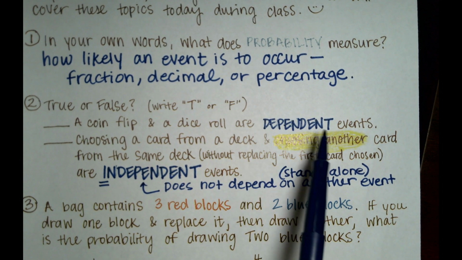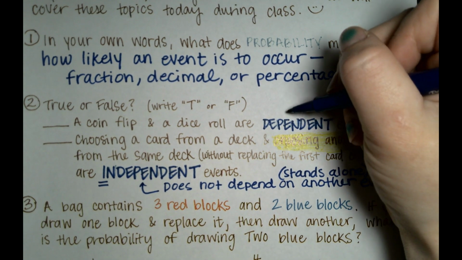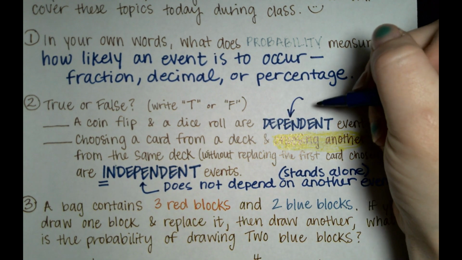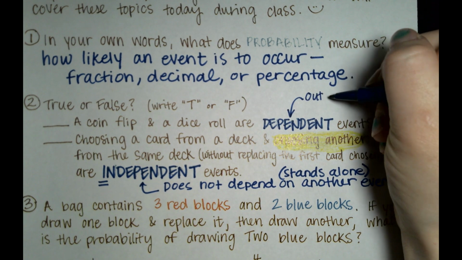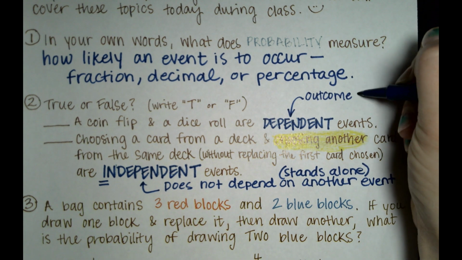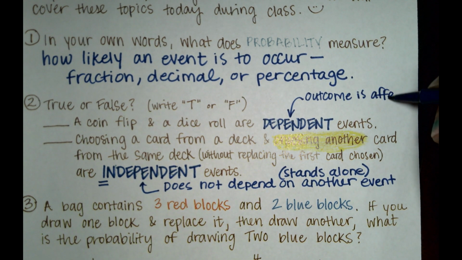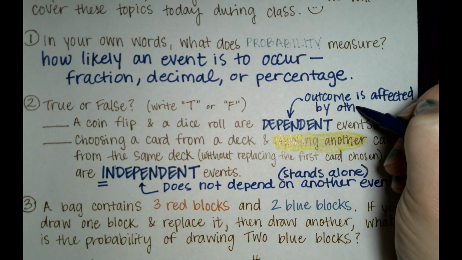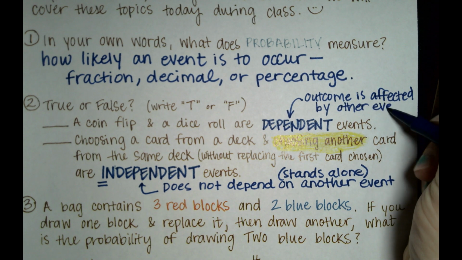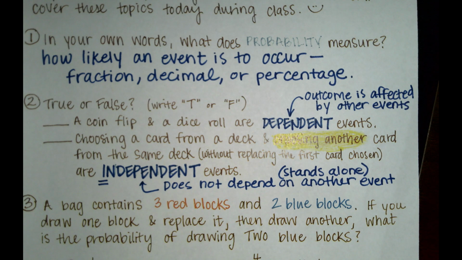Versus a dependent event that is affected by other events. So I'm writing outcome is affected by other events. Okay.